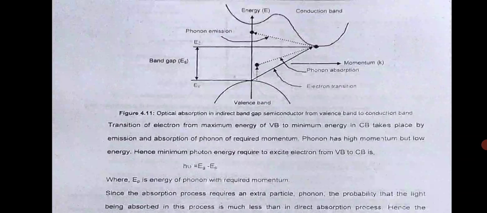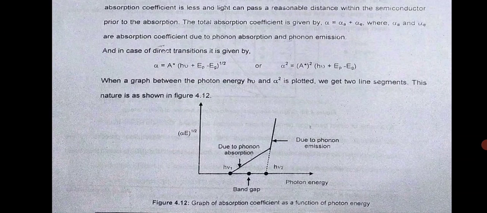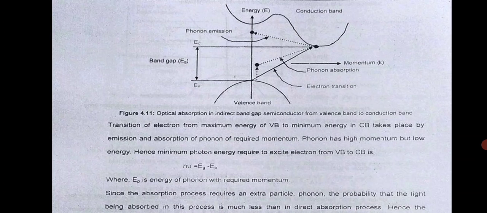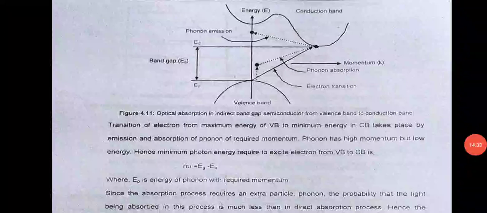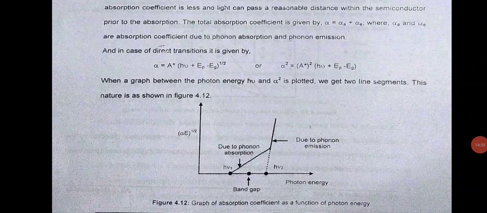Since the absorption process requires an extra particle, the phonon, the probability that the light is absorbed in this process is much less than in the direct absorption process.